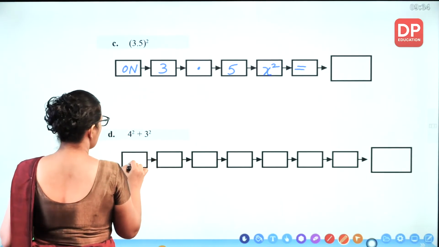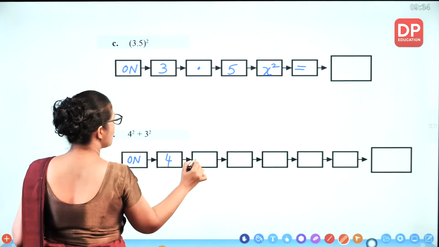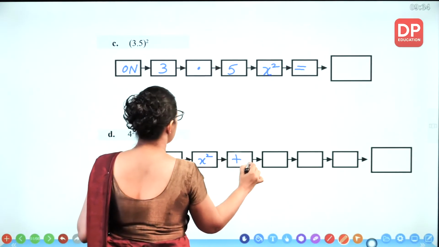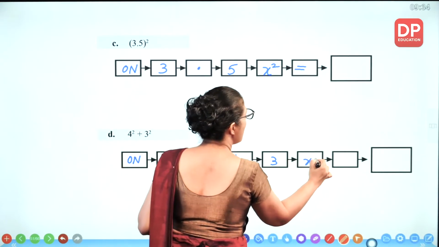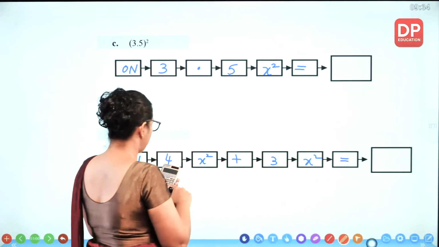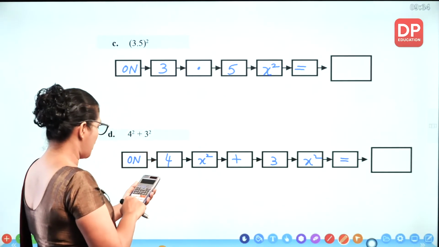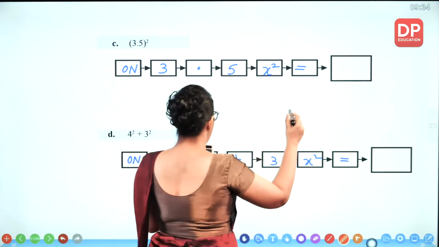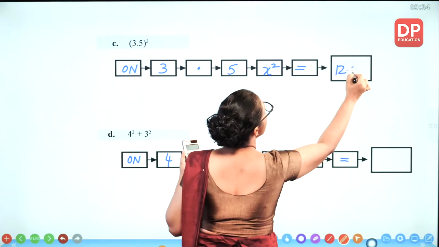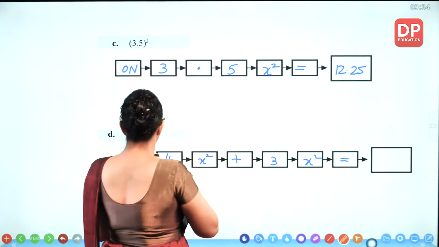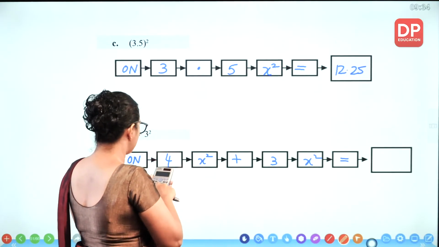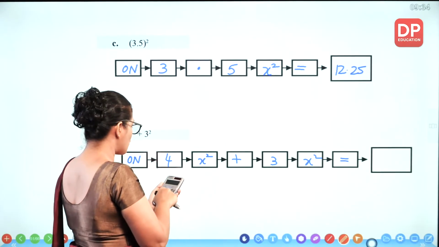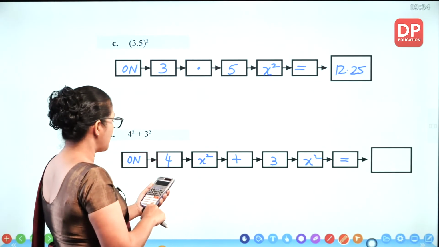This one, switch on the calculator. 4 squared plus 3 squared and equals. 3.5 squared, you get 12.25. 4 squared plus 3 squared, you get 25.